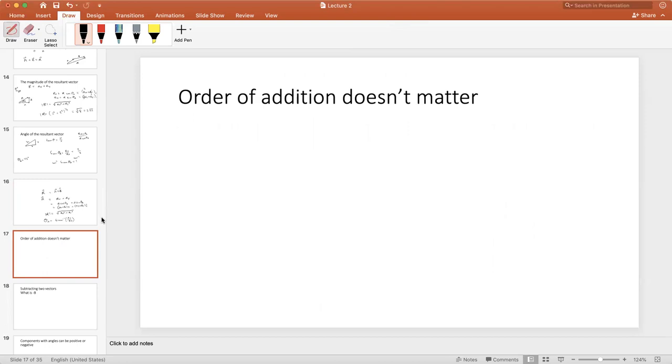So one thing that we need to talk about here is that in math so far, you've done all of your math in the real numbers, as we like to call them. And real numbers have certain properties, but vectors are a brand new set of mathematical objects, and certain rules apply and certain don't.